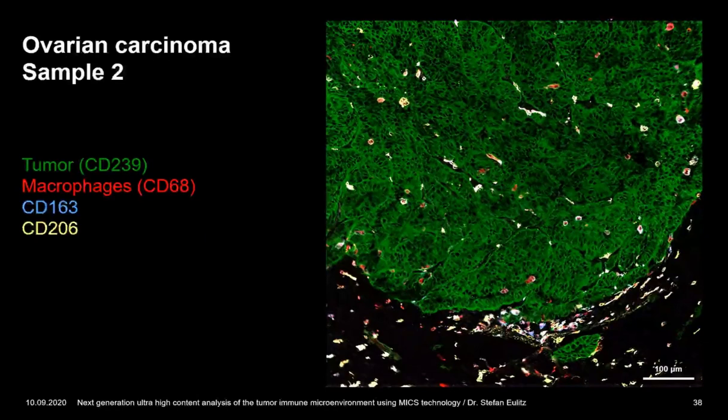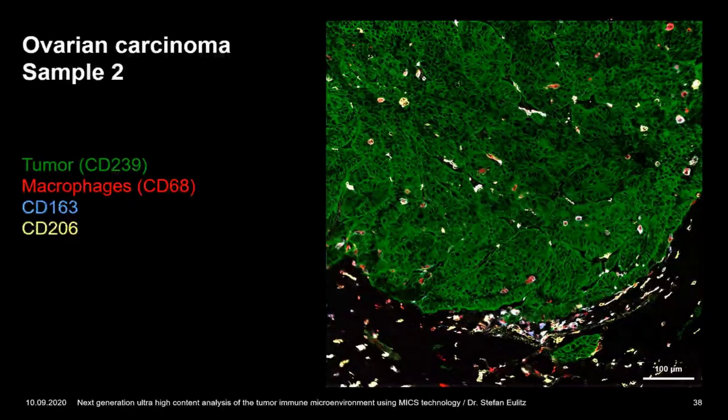I will not go into more details regarding the macrophages and their phenotypes, as this would go beyond the scope of this webinar, since this topic would justify an own one. But I hope that I could present to you two nice examples which give you a flavor of the technological capabilities of the MICS technology and the MACSima instrument, and of course also the potential for your research.